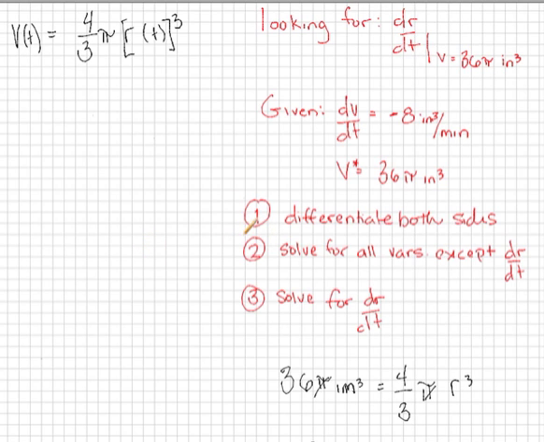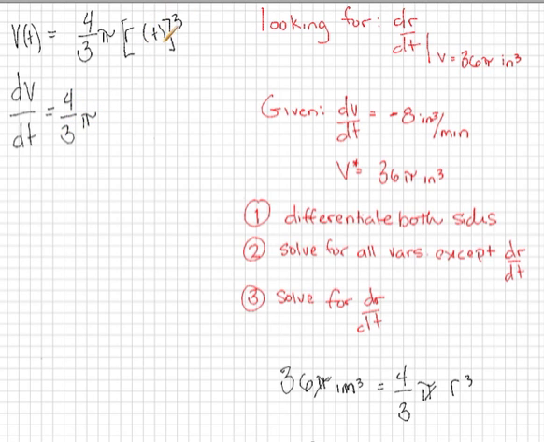So let's work on step 1 of this problem, which is we're going to differentiate both sides of the volume equation. You'll notice I've noted that these are functions of t, so we can remember that when we're differentiating. Differentiating V of t, we're just going to have dV/dt on the left-hand side. 4/3 pi is just a constant, so we can tack that on front.